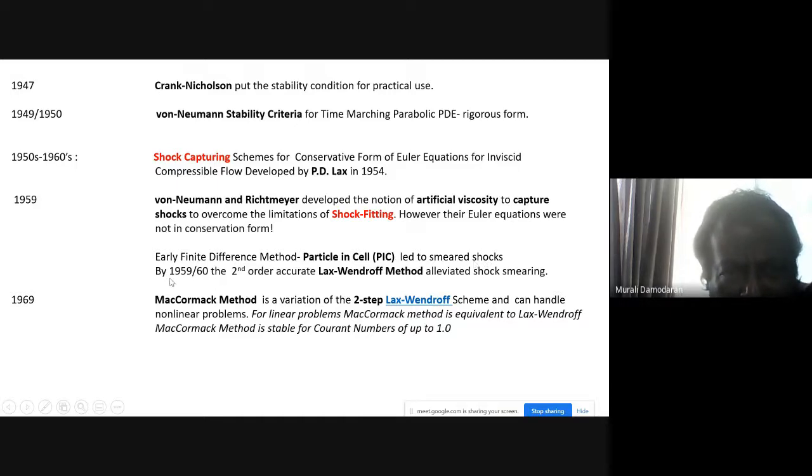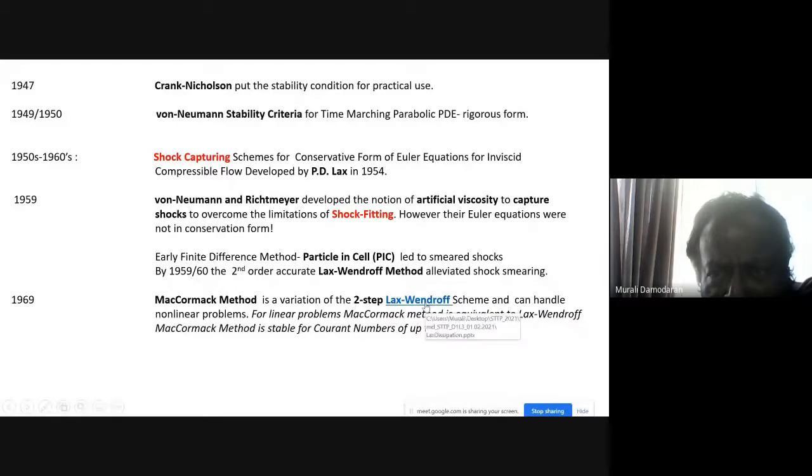Sometime around 1959-60, the Lax-Wendroff method alleviated this shock smearing. That led to the famous MacCormack method, which is actually a variation of the two-step Lax-Wendroff scheme, and for a long time, this method has been used for solving the Euler equations.